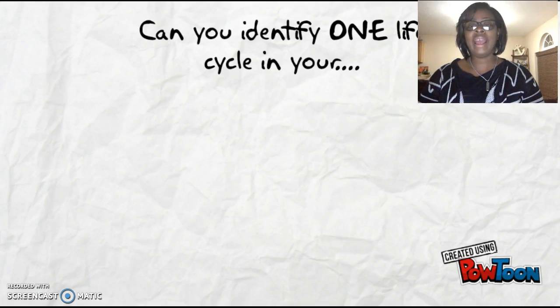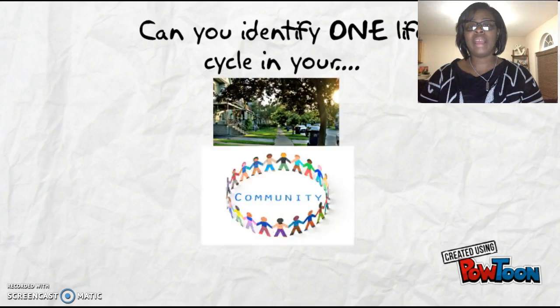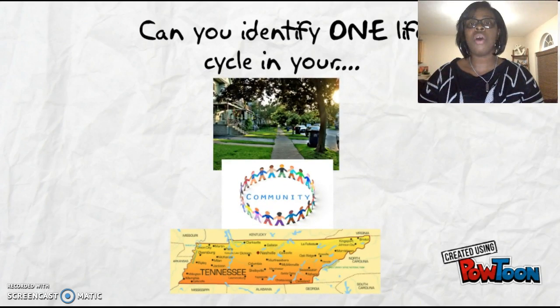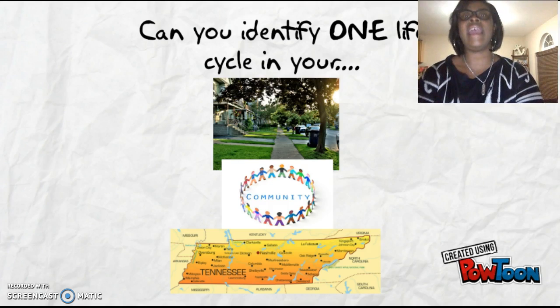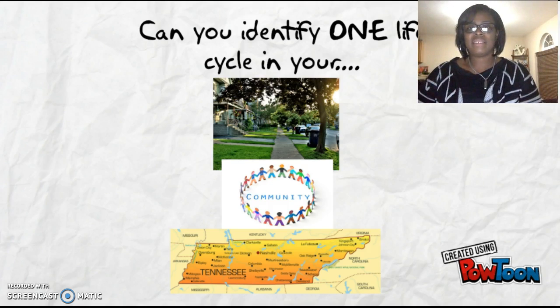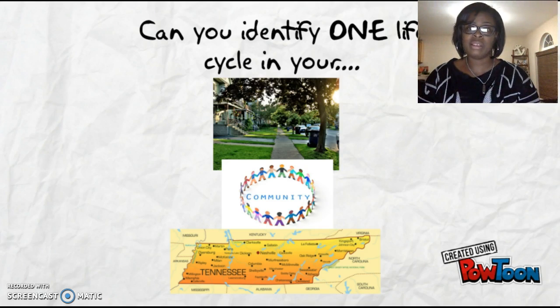Okay, so in their surroundings, I want them to know that they can identify some life cycles in their communities, in their neighborhoods, and of course in their states. Some of our kids live in houses, some live in apartments, some live in duplexes, but there are life cycles around them no matter where they live.